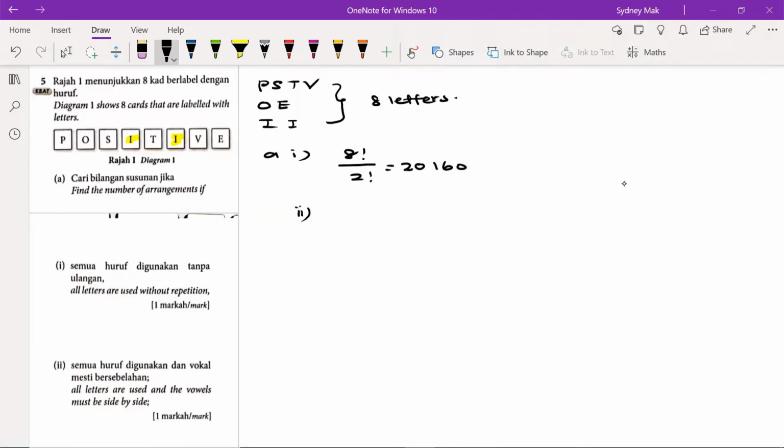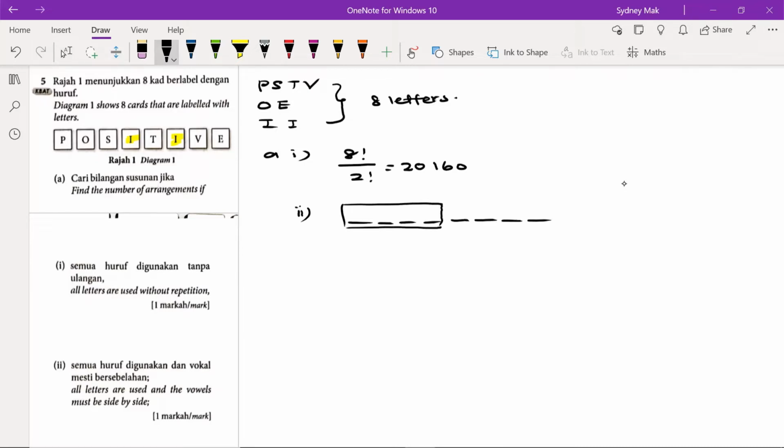Okay, all letters are used and the vowels must be side by side. So we have 4 vowels, and let's put that 4 vowels in one group. This 4 vowel will be first grouped in a group, and then we permute with the remaining 4 consonant.